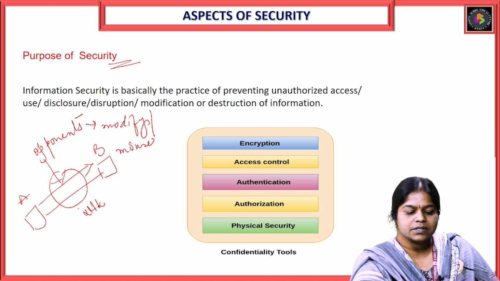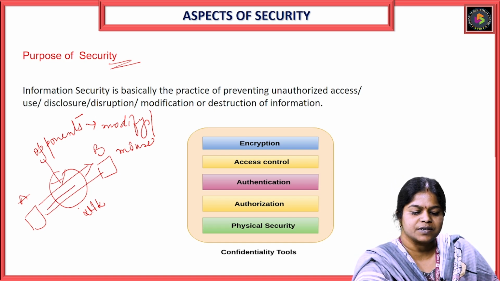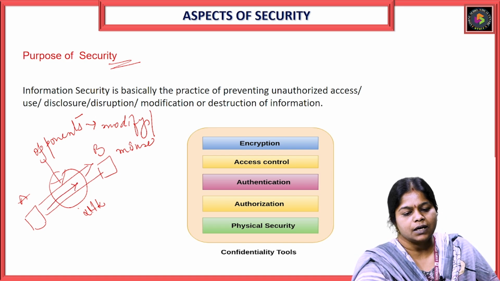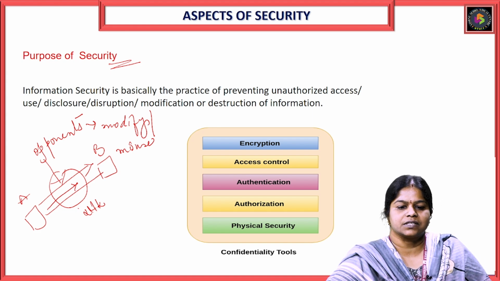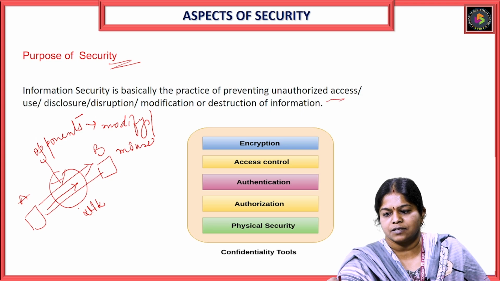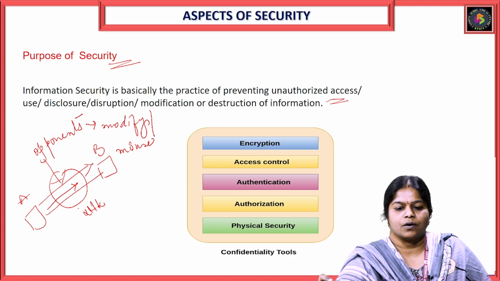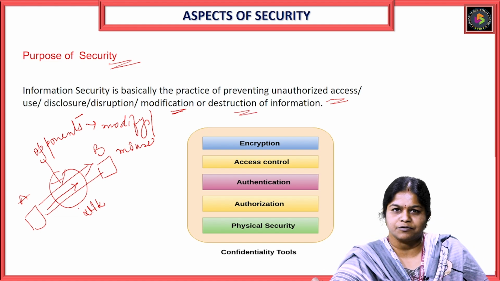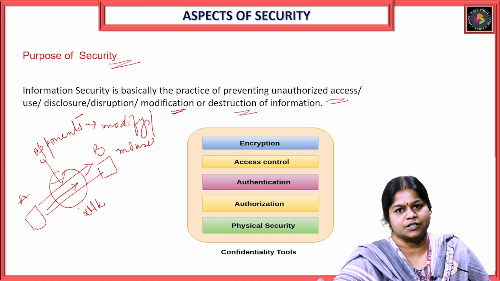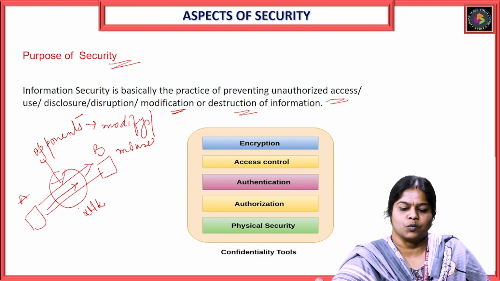So we have to secure the information which has been transmitted from one node to the other node. Basically, the main practice of information security is to prevent unauthorized access or any modifications or any destruction of the information during the transmission of the data from one node to the other node on a particular network model.